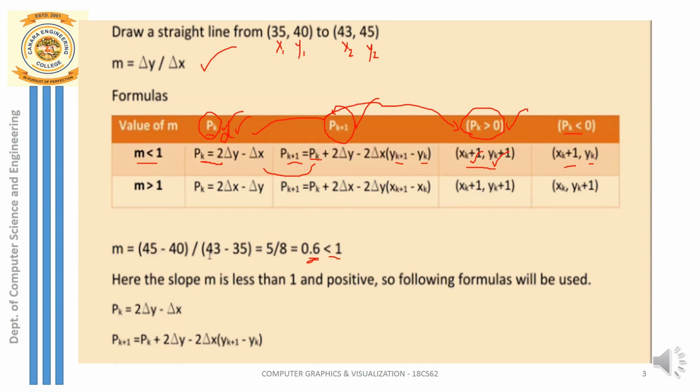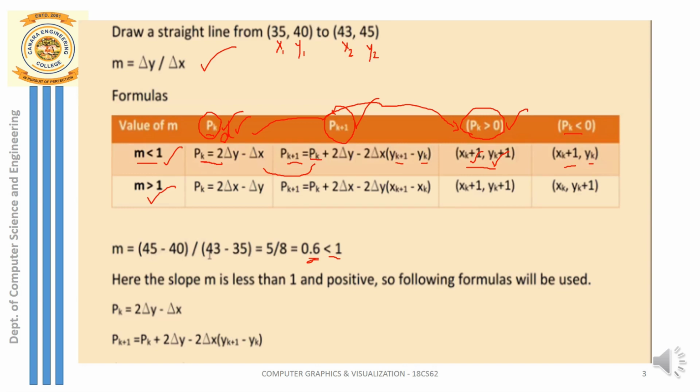So this is the first case that we have checked: the line whose slope is less than 1. And if the slope is greater than 1, then the formula for the decision parameter changes. So what is the formula? For a slope greater than 1, it is 2 delta x minus delta y, just an interchange there. 2 delta x minus delta y is equal to pk.